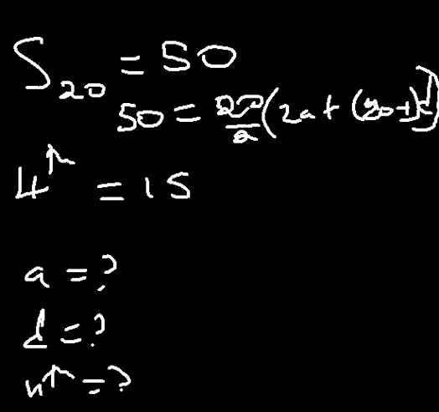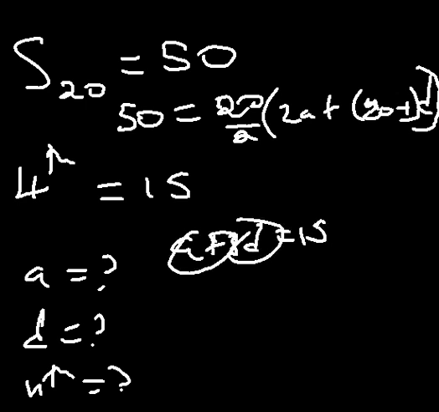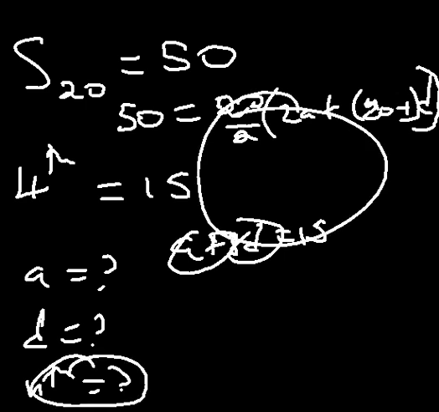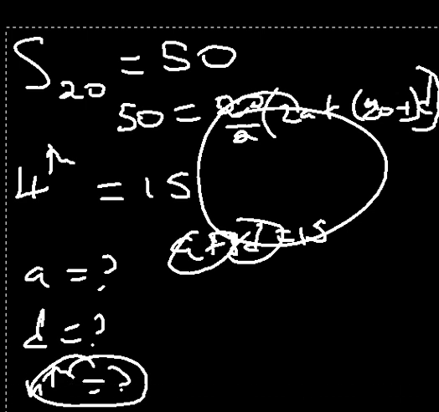Next, what is the formula for the fourth term? We'll have a plus 3d, which is equal to 15. You solve for a as well as d simultaneously, then you'll be able to get the nth term formula, even the first, let's say, 10 terms for that particular arithmetic progression series.